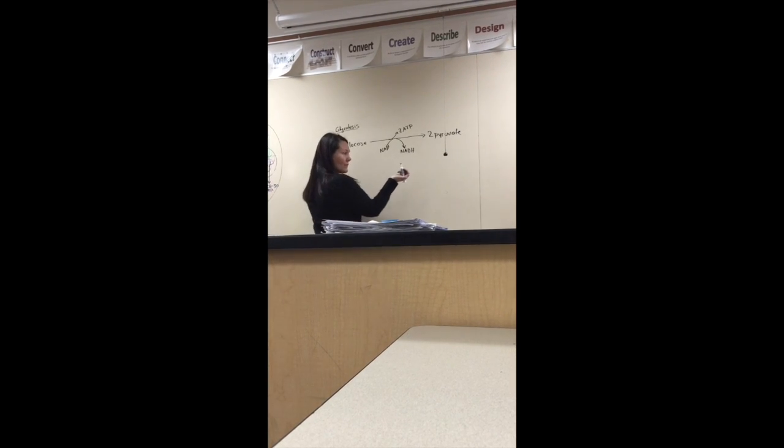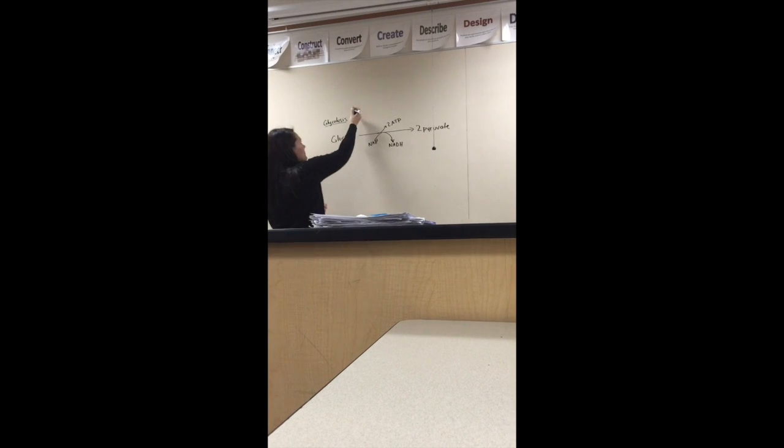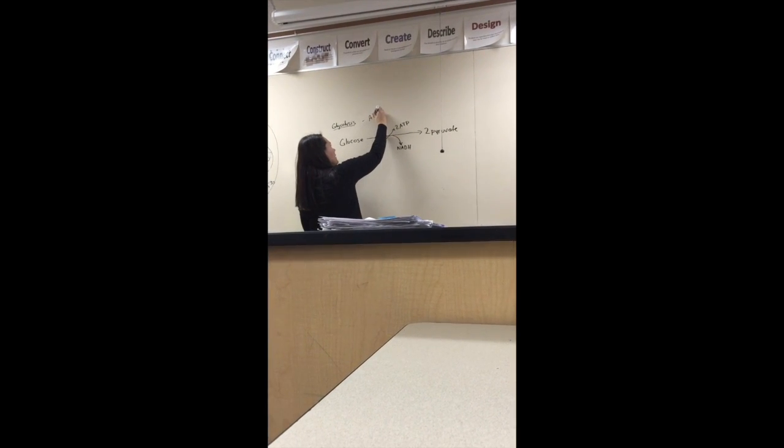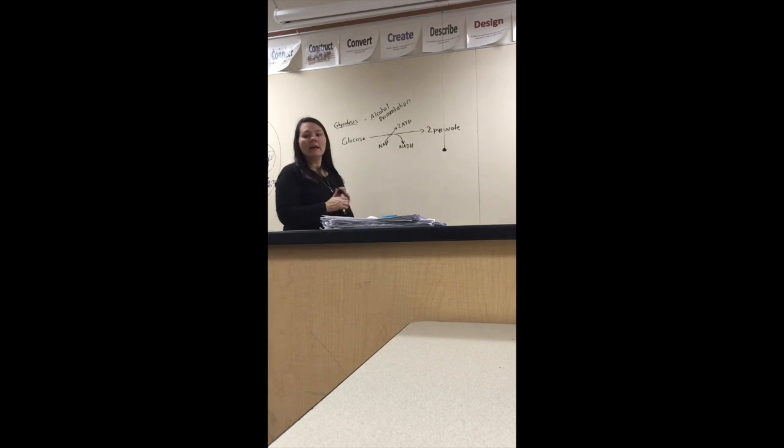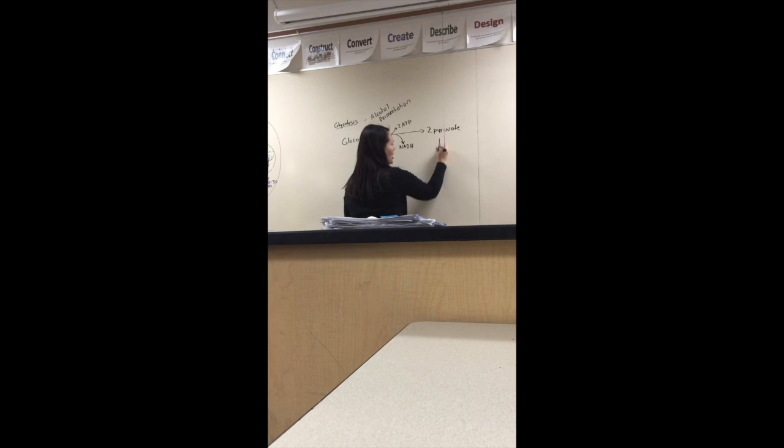And so our pyruvate, if this was a plant and this was alcohol fermentation, is actually going to be broken down into a 2-carbon molecule, which means that what must be released?